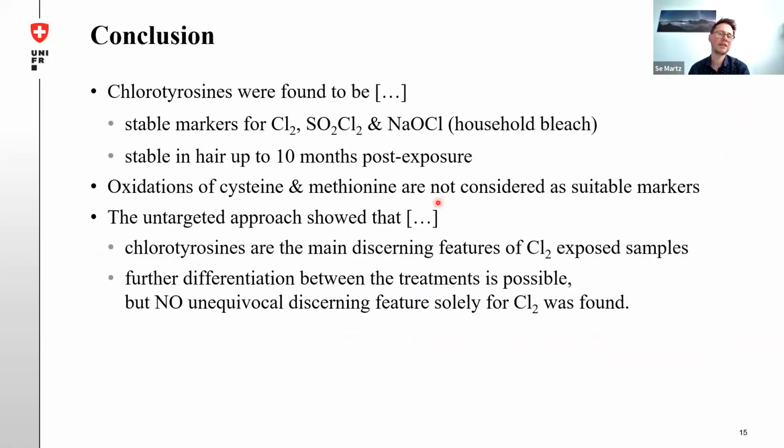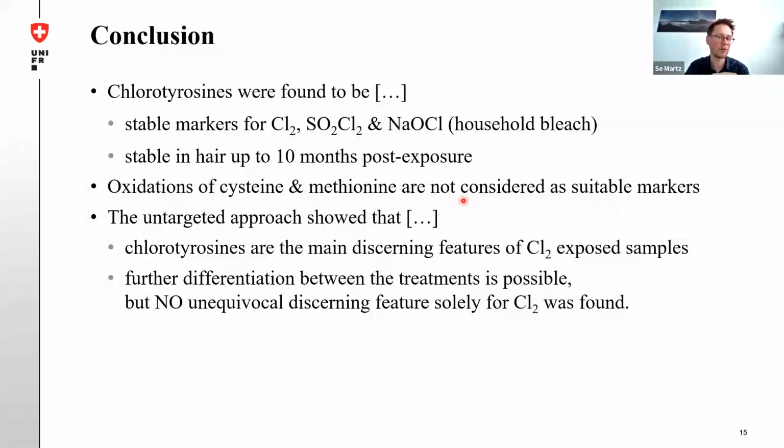Okay, as a conclusion, we can say that chlorotyrosines were found in several chlorinating agent exposure experiments. And most important, they were found up to 10 months post-exposure. We could also say that the oxidations of cysteine and methionine were not considered to be suitable biomarkers.